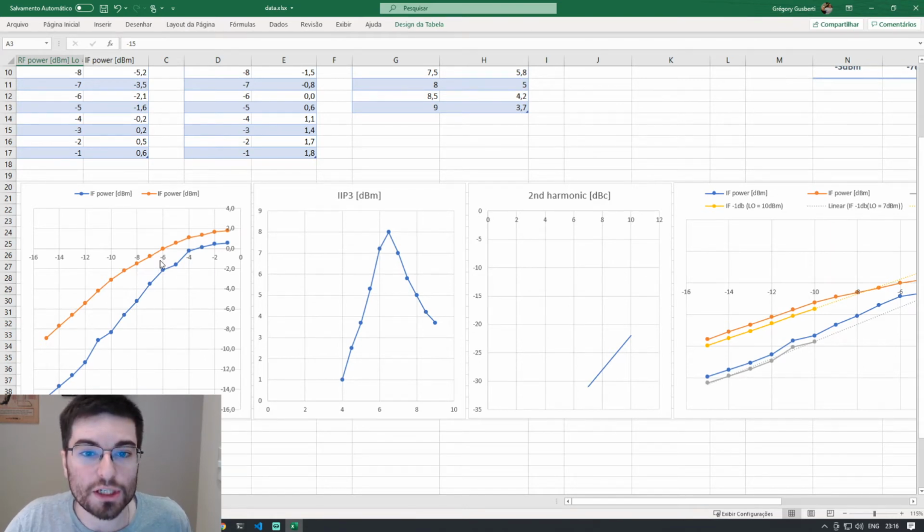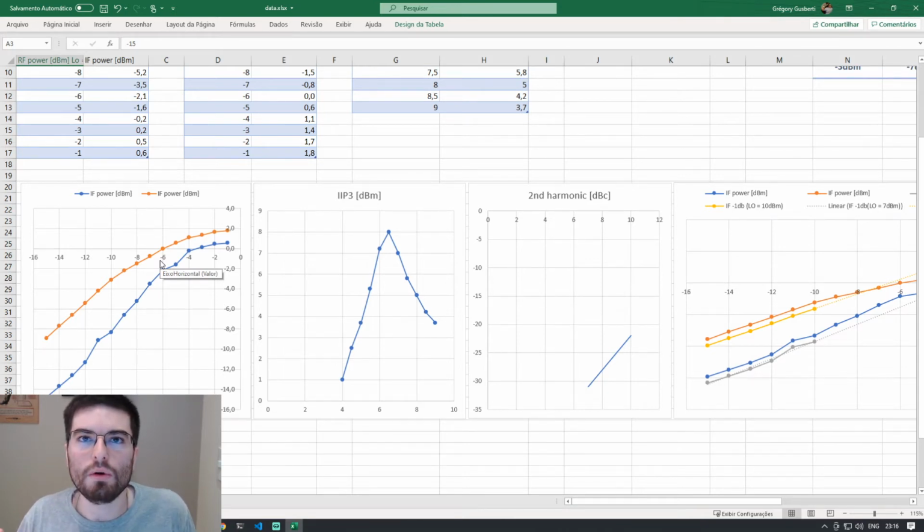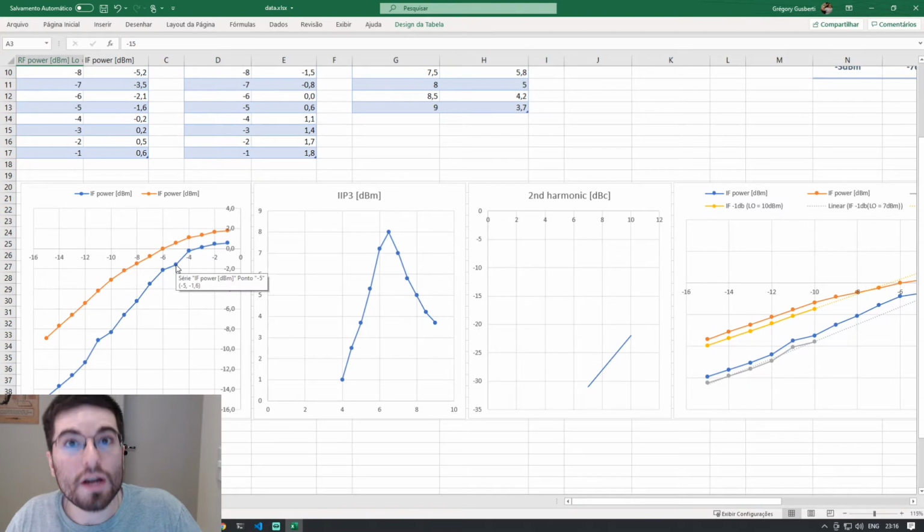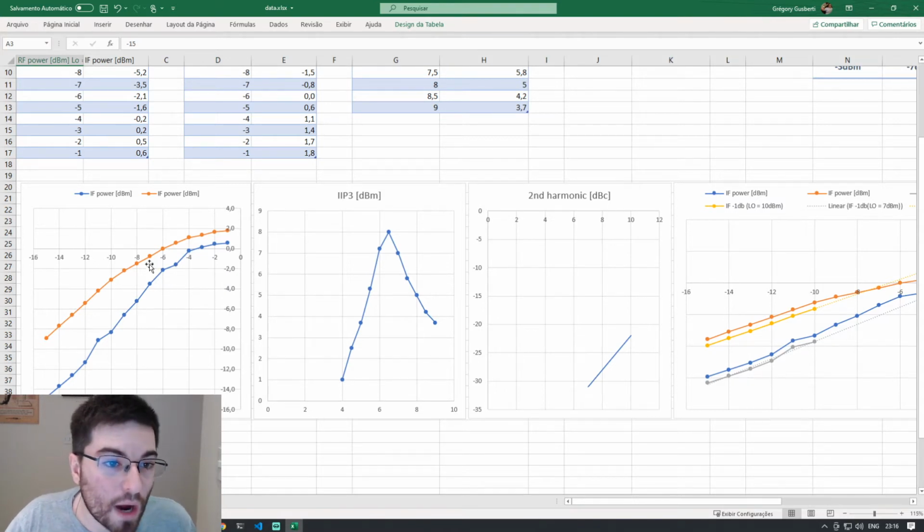And the compression in radio frequency is the point where our small signal model doesn't work anymore. We are losing the small signal model, and we are entering a large signal behavior of the circuit, because now we are saturating, we are generating harmonics. Our input power now is not going to the IF, it is going to other harmonics of the system. And this is why we are getting lower power as we increase the input power.